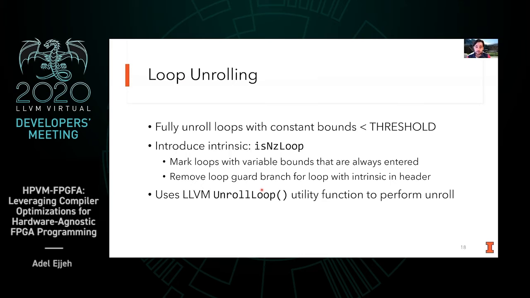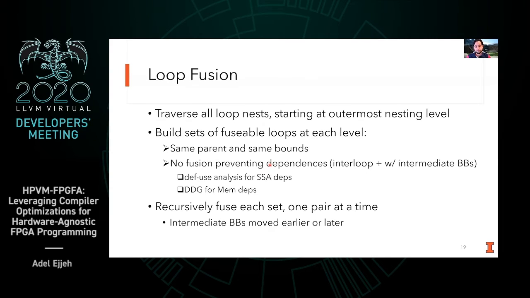As such, we introduced a new intrinsic called isNzLoop to mark these loops that the programmer or front end knows are always entered. The pass looks for the intrinsic and uses it to remove the guard branch for the loop which has that intrinsic in its header. And then the actual unrolling is done using the LLVM unroll loop utility function.